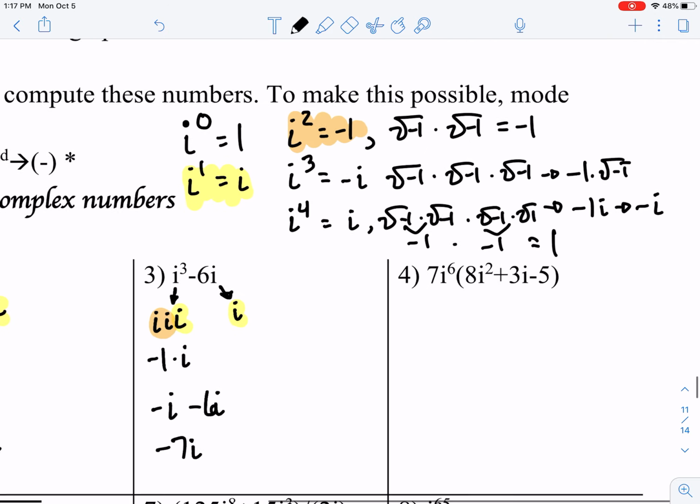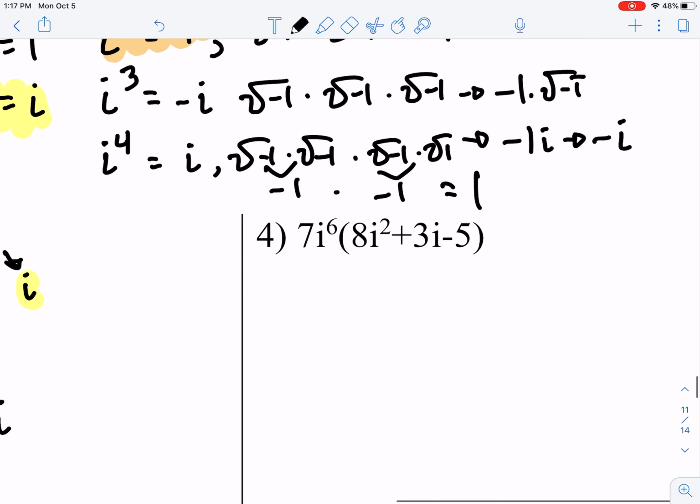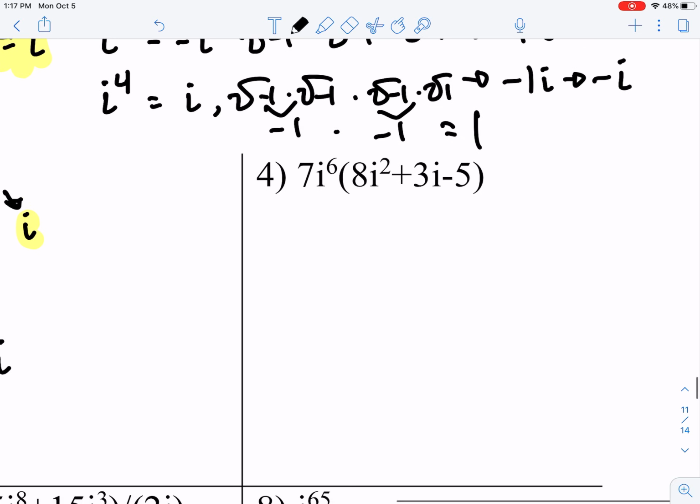Number 4 will be the last one I do. So again, you can go about these a ton of different ways, as long as what you do is consistent. What I'm going to do personally is distribute first, just because that's what I'm used to doing. I've done way more distributing than I have done with i's. So 7 times 8 is 56.